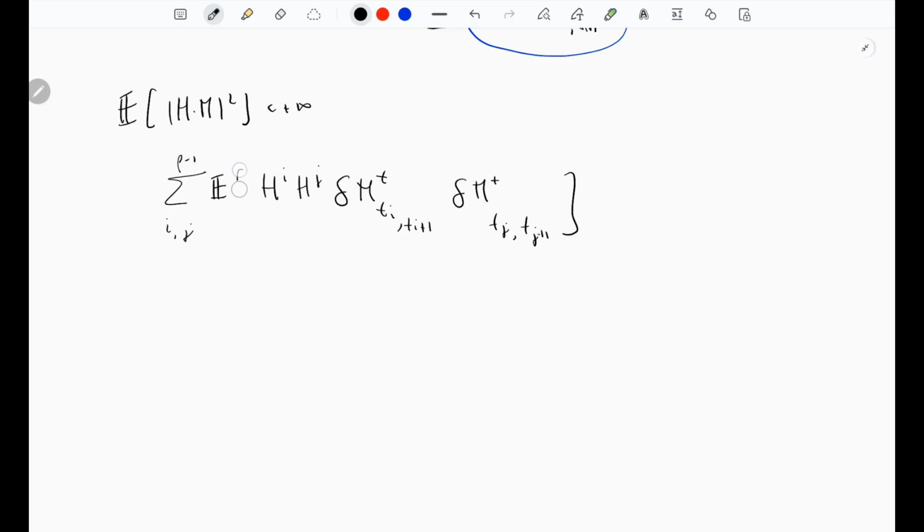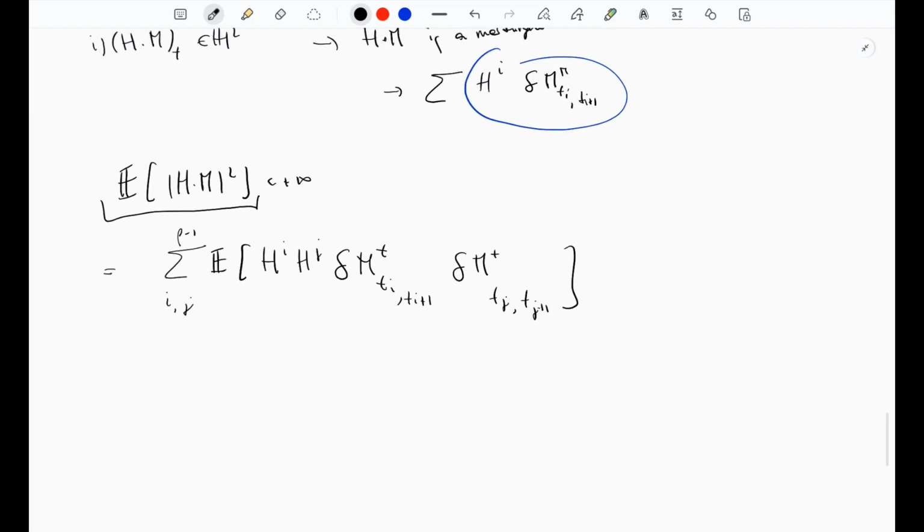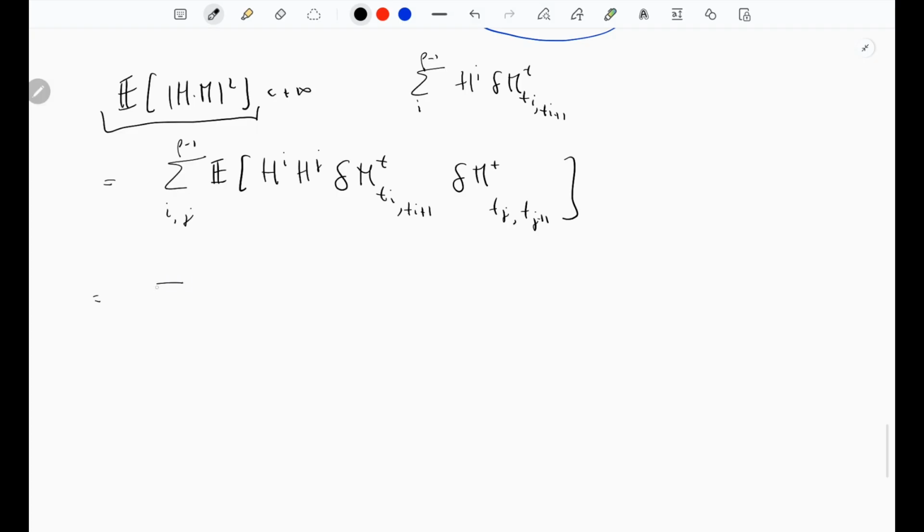Okay, makes sense? I'm writing this. Okay, this is nothing but this. Sorry, guys, this is an equal sign. Using the definition of elementary process, you split it when i and j are equal.